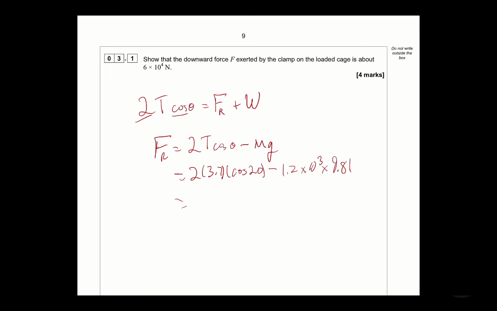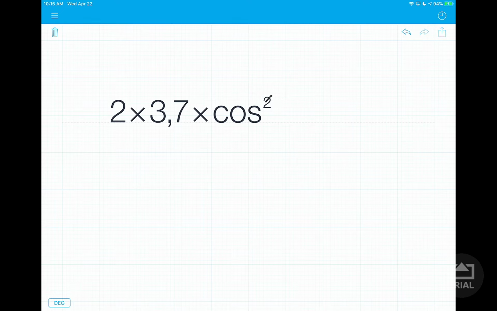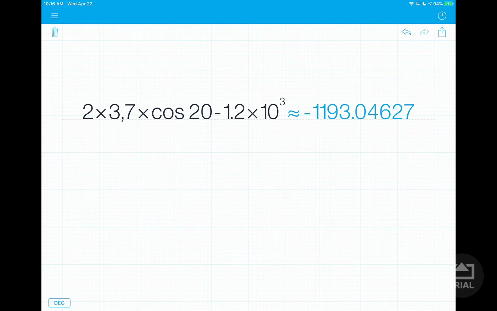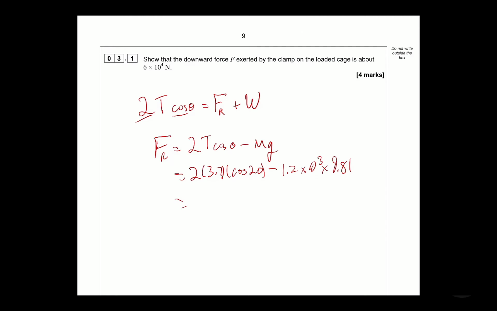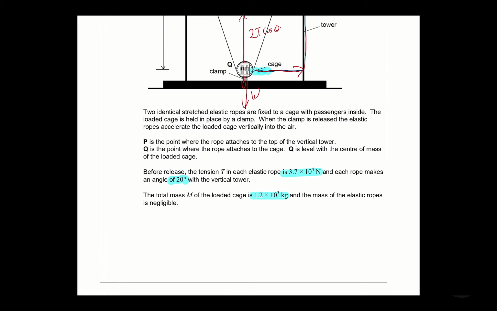Alright, mathing it out. 2 times 3.7 times cosine 20. I have made a mistake in writing something down because that is definitely not right. It should be 10 to the 4. That makes a big difference.